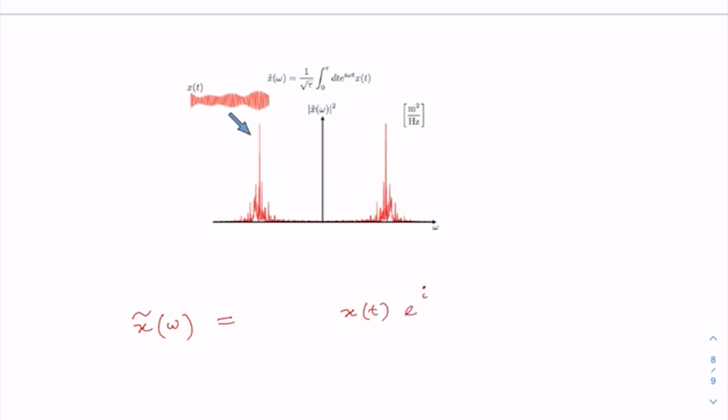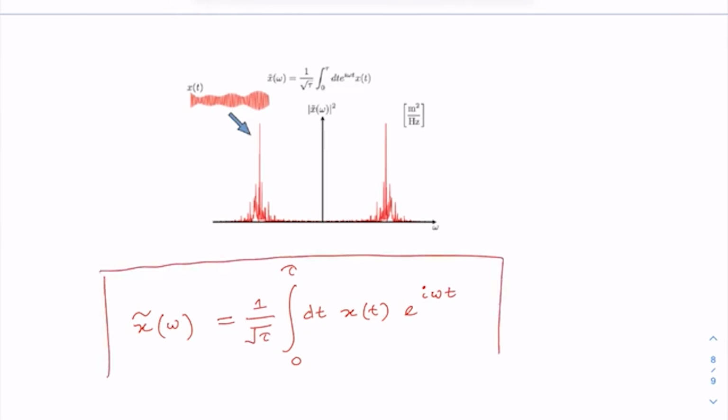So e to the power i omega t is the Fourier kernel. Then we integrate in time, in the time interval 0 to tau, and this is the normalization factor here, 1 by square root of tau. So this is the Fourier transformation of the displacement.